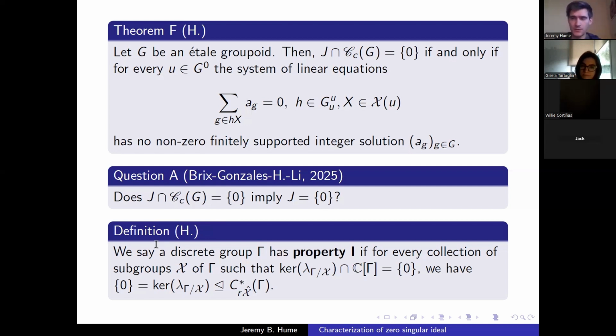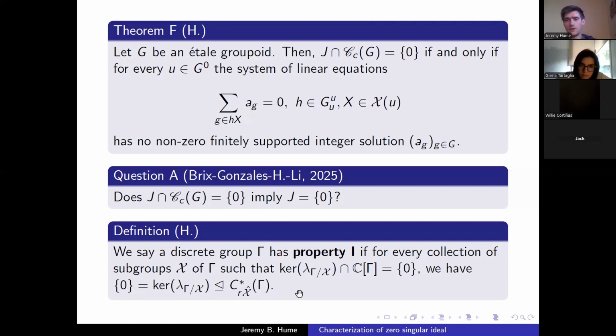So we'll say a discrete group gamma has property I if for every collection of subgroups curly X of gamma, such that the kernel of the direct sum of all the quasi-regular representations associated to those subgroups inside the group ring is zero, then the kernel inside the C-star algebra completion of the group ring is zero.